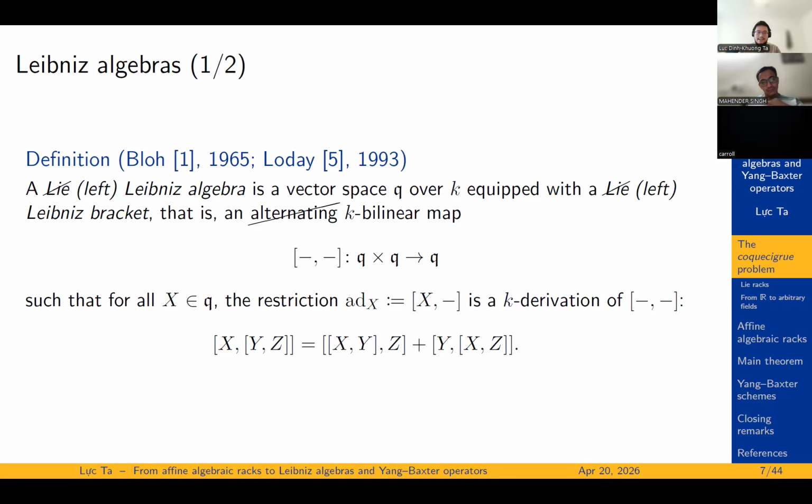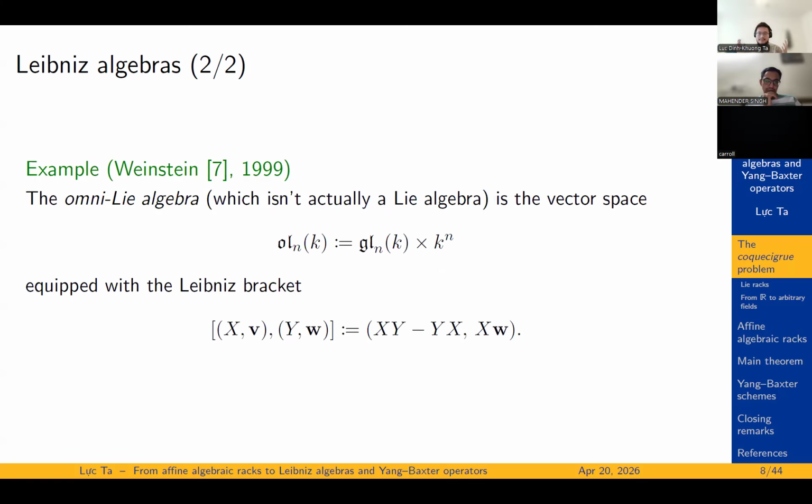In particular, a Lie algebra you can define as just being an alternating or skew-symmetric Leibniz algebra. And you can also define right Leibniz algebras similarly. And of course, you have then a homomorphism of Leibniz algebras, which is just a linear map that is compatible with bracket.